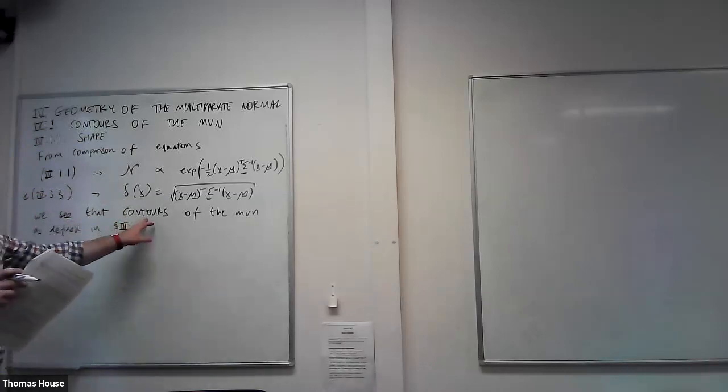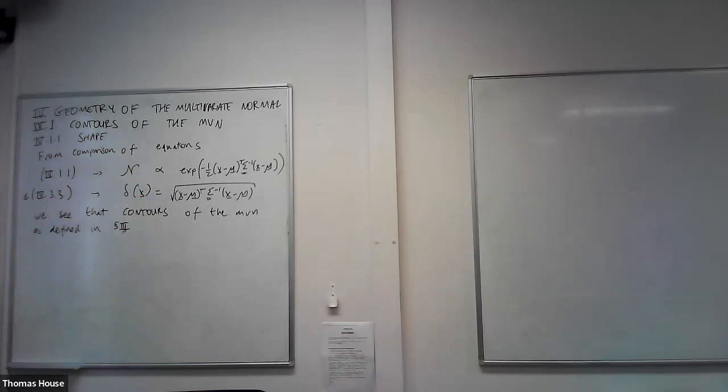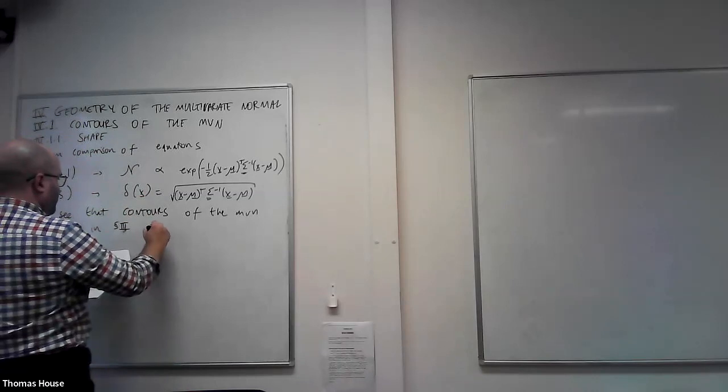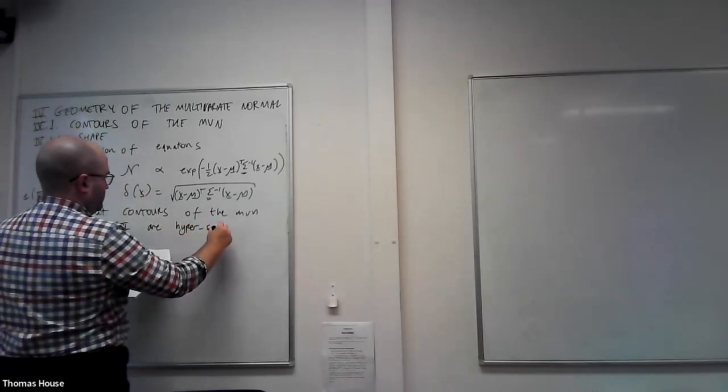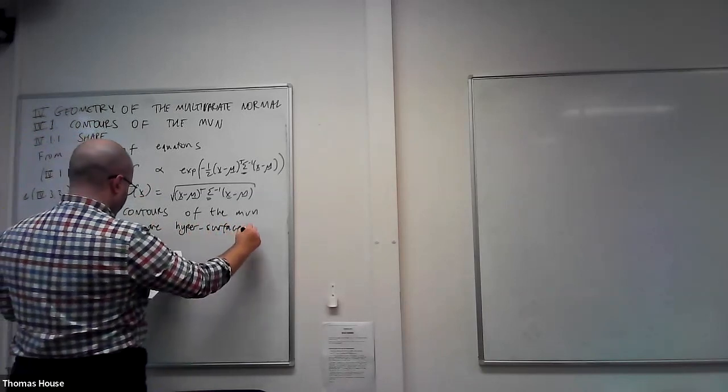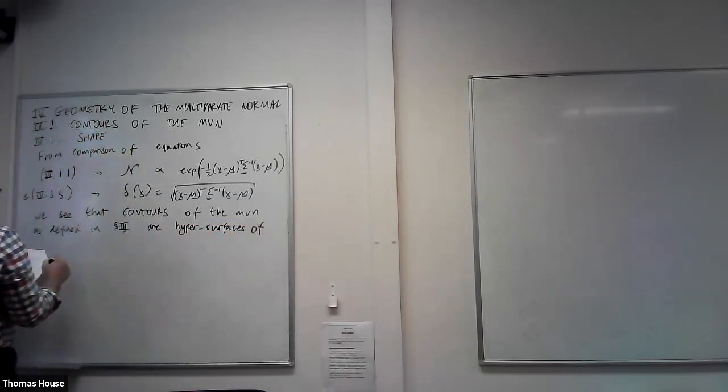So a contour is a curve or a surface on which the probability density is constant. Our hypersurfaces of constant Mahalanobis distance.